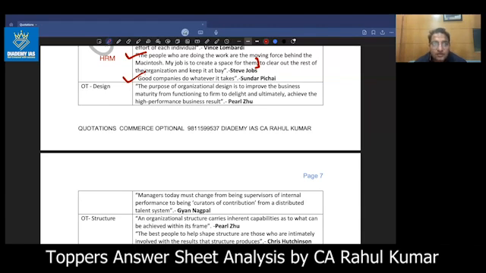Then next is, the purpose of organizational design is to improve the business maturity from functioning to firm to delight and ultimately achieve the high performance result. ये भी अच्छा है for the design. Maturity को increase करना है from functioning to firm to delight.